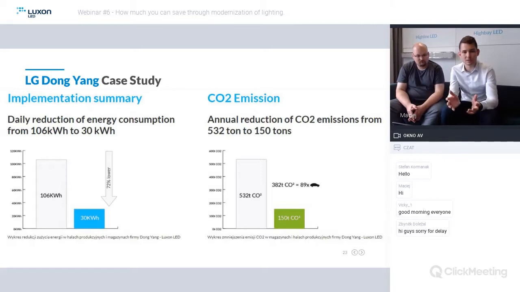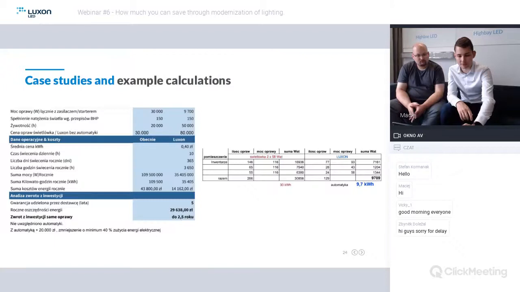That's really important, and we should calculate this for our clients every single time. I think everybody is more environmentally aware recently, so this is also a big impact on our environment, and we should consider this and add it to our calculations.